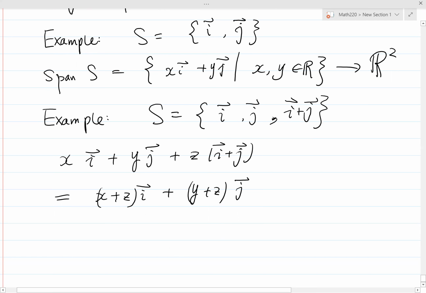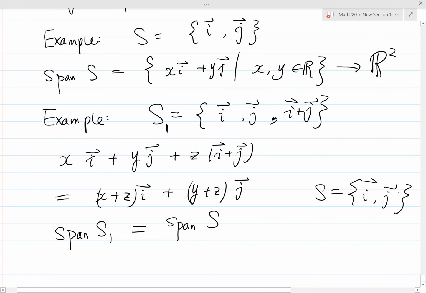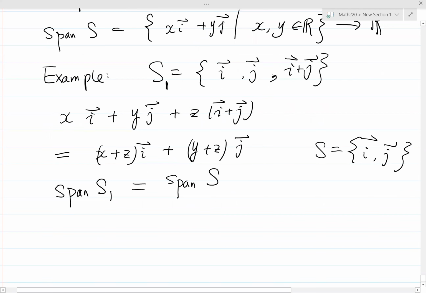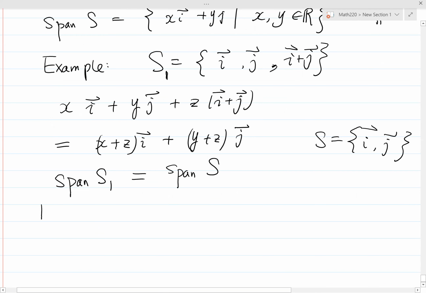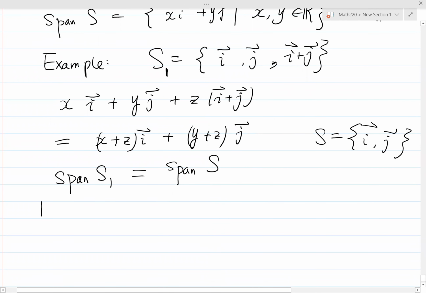Suppose this is S1, where S1 is i, j. Then the span of S1 is the same as the span of S. You see the vector i plus j does not contribute anything new, so i plus j is redundant and we can just delete it.